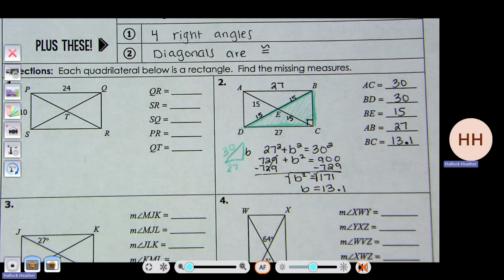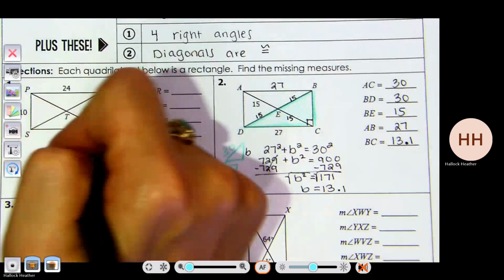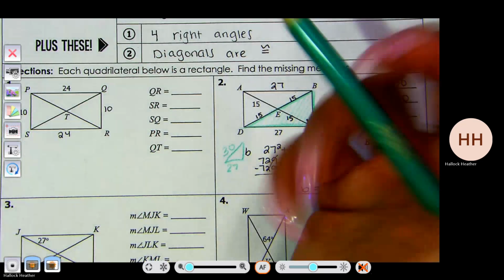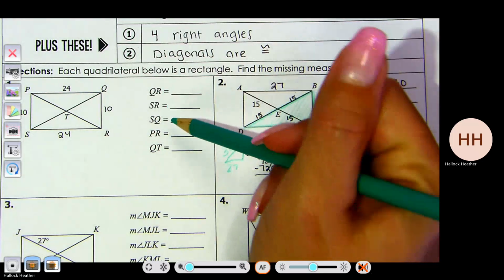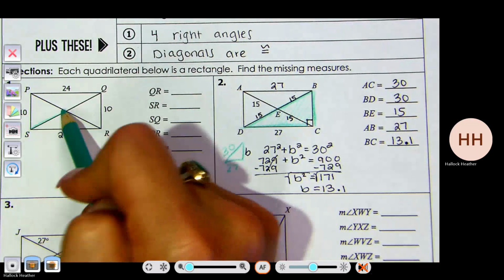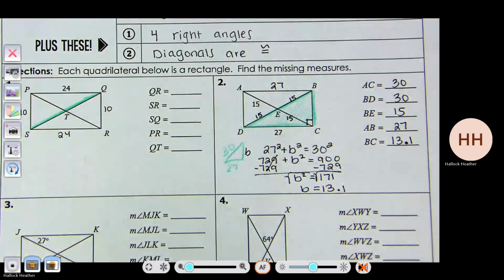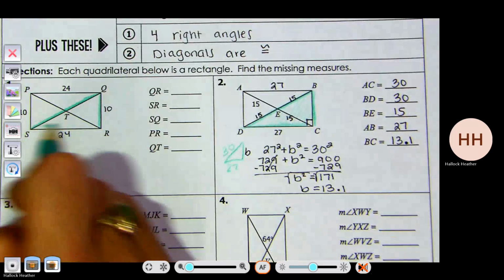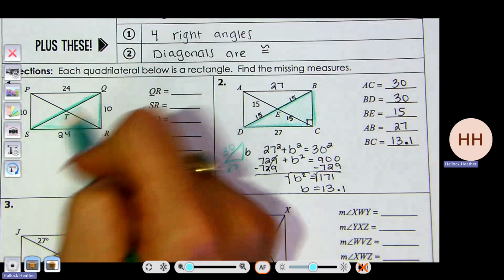Number 1. Numero uno. No, they're not all decimals.